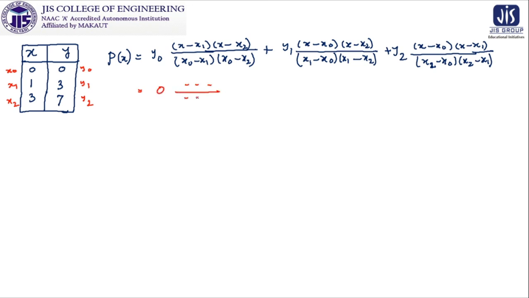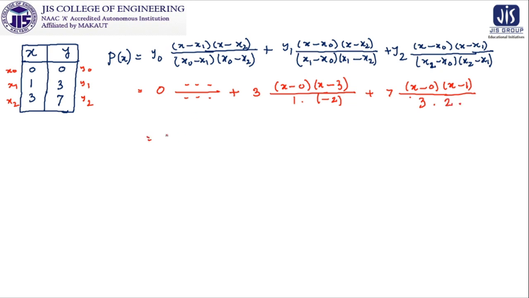Obviously I am not going to write anything because I have already observed that it is 0, plus y1, that is 3, then x minus x0, that is x minus 0, and x minus x2, that is x minus 3, then x1 minus x0, that is 1 minus 0, that is 1, and x1 minus x2, that is 1 minus 3, that is minus 2, plus y2 is 7, then x minus x0, that is x minus 0, then x minus x1, that is x minus 1, and x2 minus x0, that is 3, into x2 minus x1, that is 3 minus 1, that is 2.